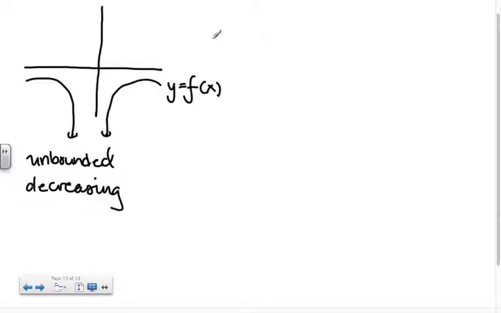In this situation, we say the limit as x approaches c of f of x is equal to negative infinity, because it's going down, down, down without stopping. This is the negative infinity situation. Okay, this is a set of divergent problems.